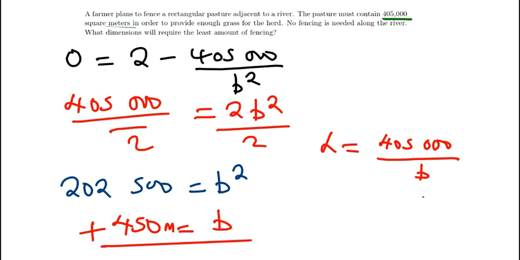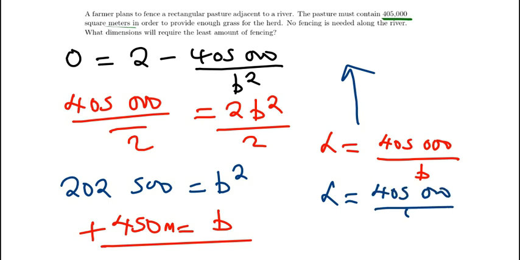You can easily find L by plugging in there. L becomes 405,000 divided by 450, so L becomes 900 meters.